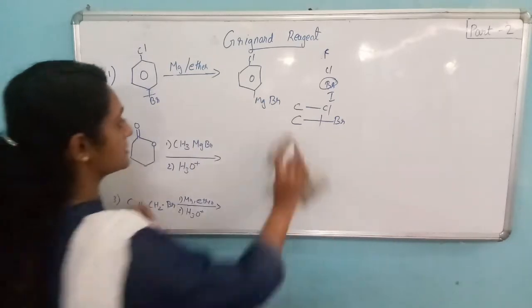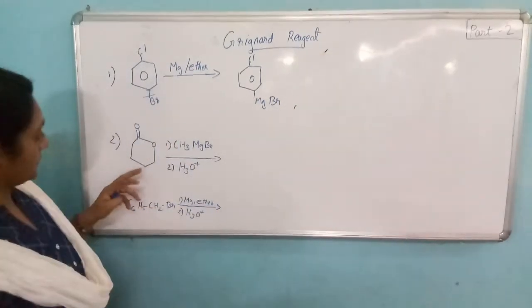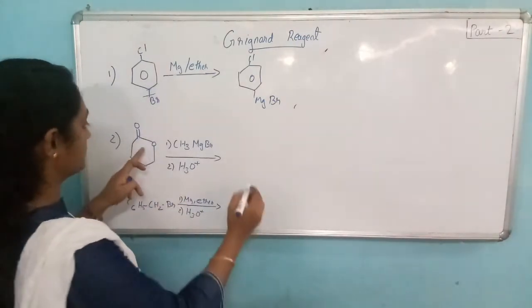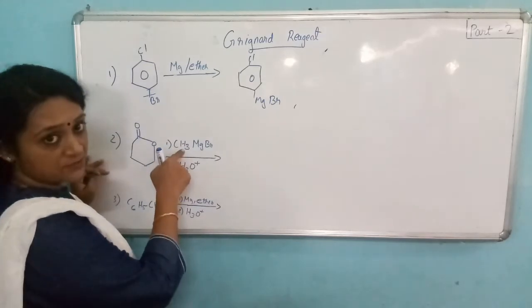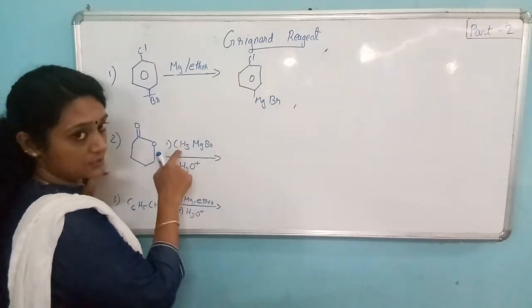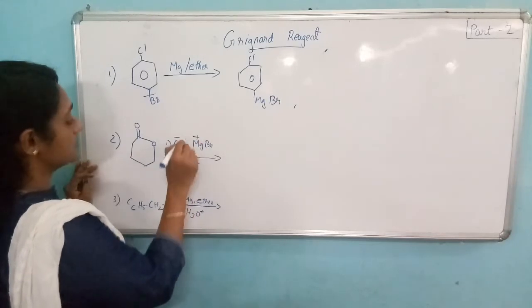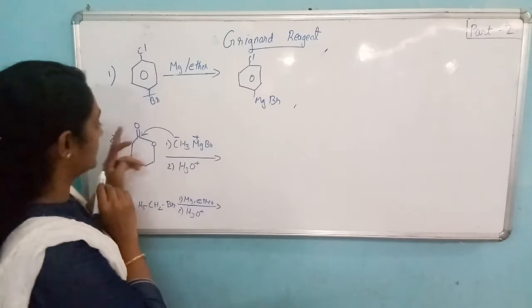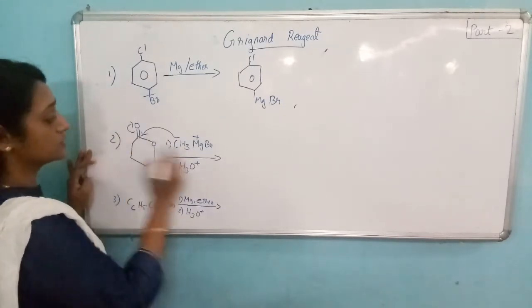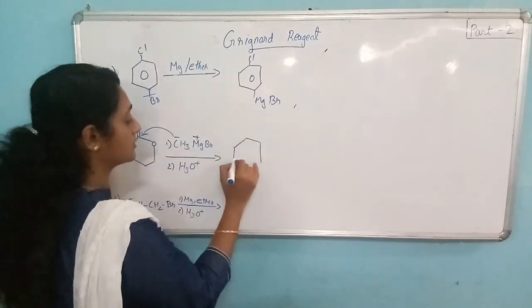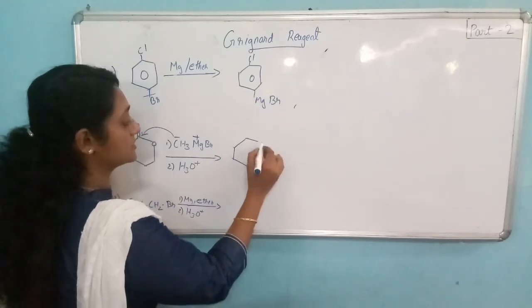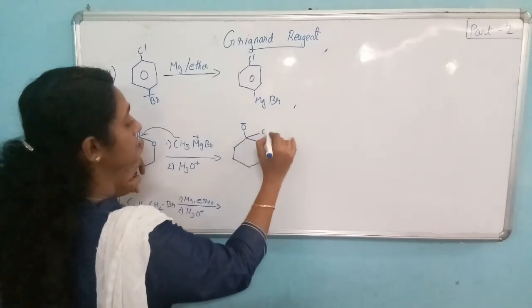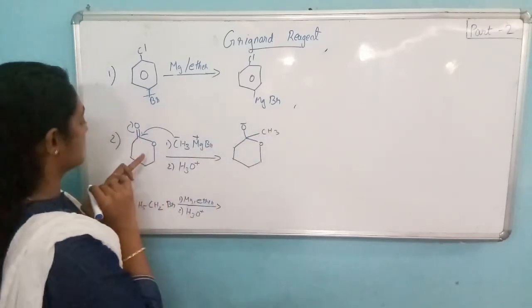And next one is a lactone type cyclic carboxylic ester treated with Grignard reagent. First is addition of Grignard reagent, Mg plus CH3 minus. It comes and attacks the carbon, the bond shifts to oxygen. We get this oxygen O minus, and here CH3 comes.